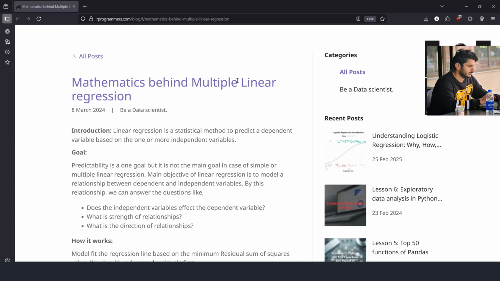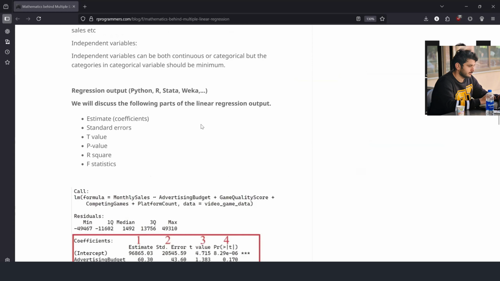Whenever we are talking about a machine learning model, we are talking about one dependent variable and multiple independent variables. The dependent variable is a column in our data set that gets influenced by other columns. Now, for example, let's discuss this particular example.